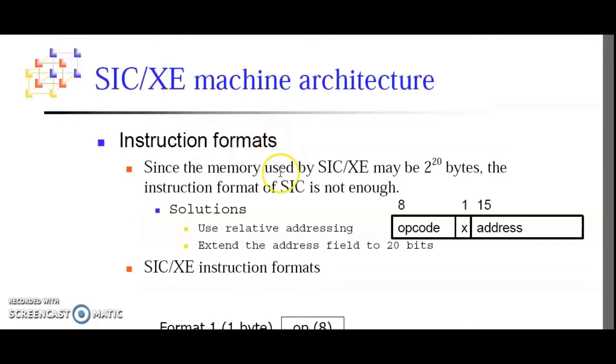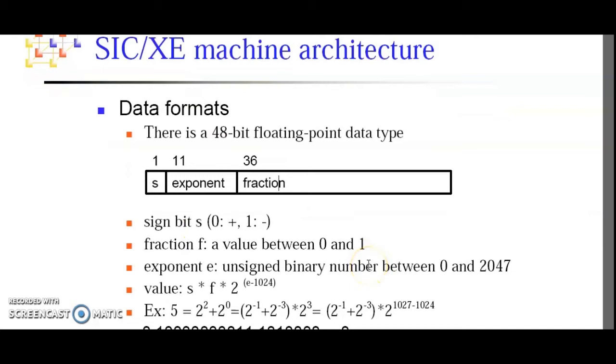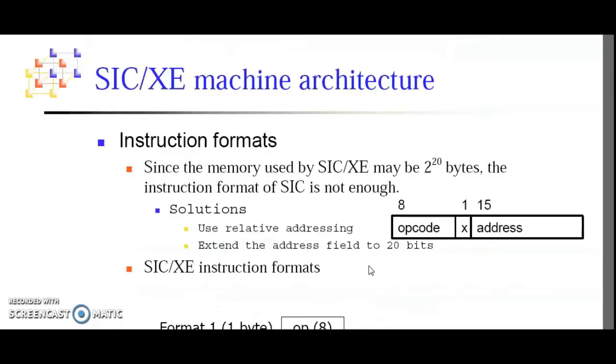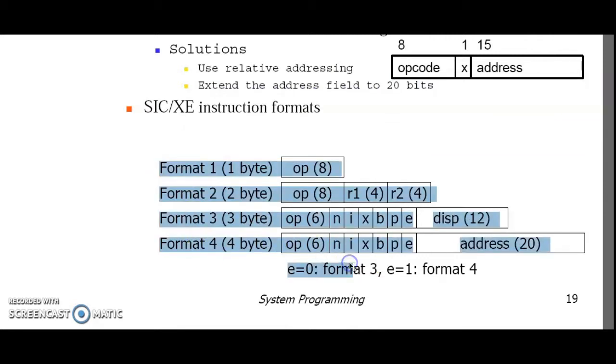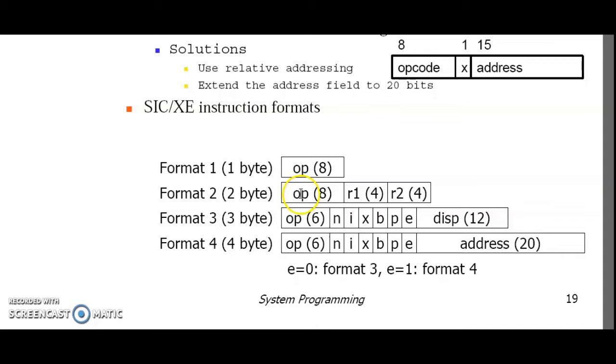In case of instruction formats, as we have said, we have 2 raised to 20 bytes of memory in SIC Xe, so we can make use of four types of instructions. Instructions have an opcode field and address field. SIC Xe supports 4 types of instruction: format 1, format 2, format 3 and format 4.